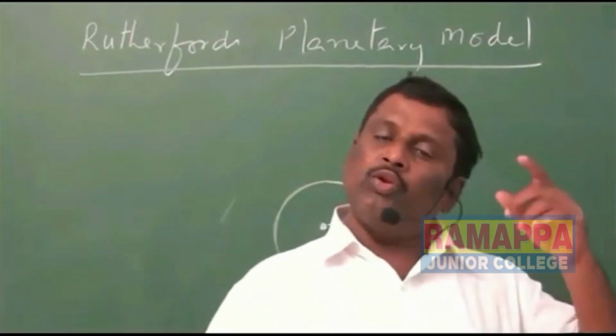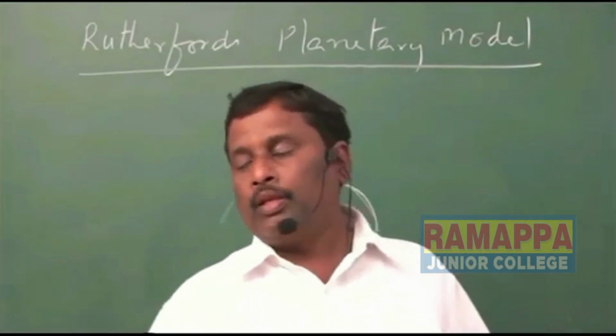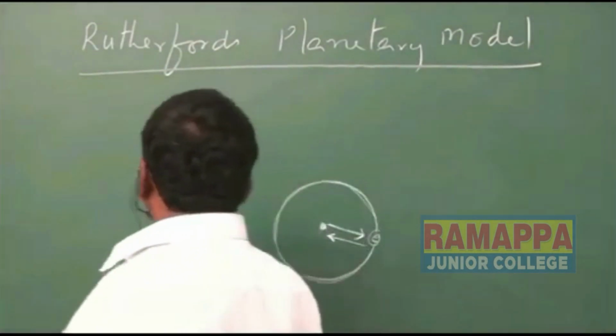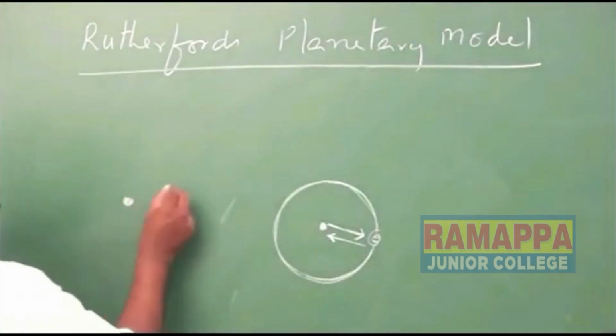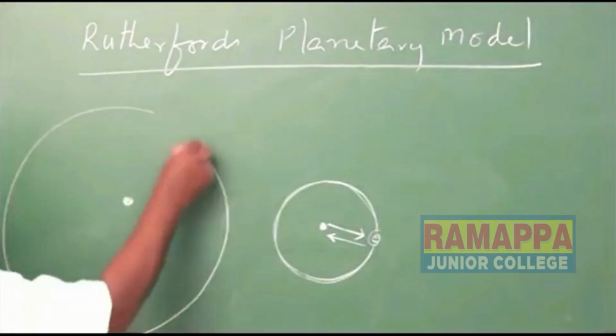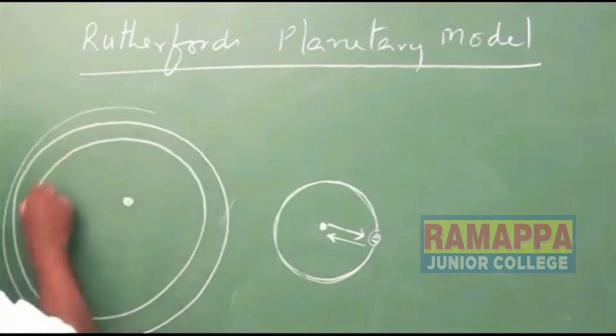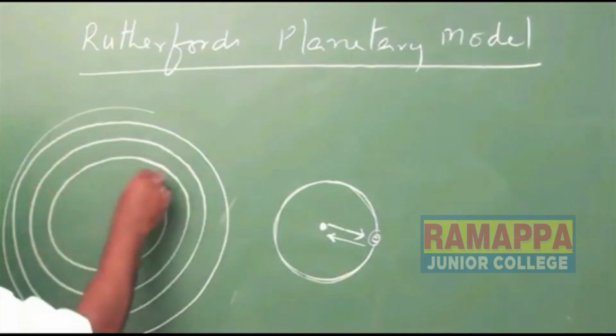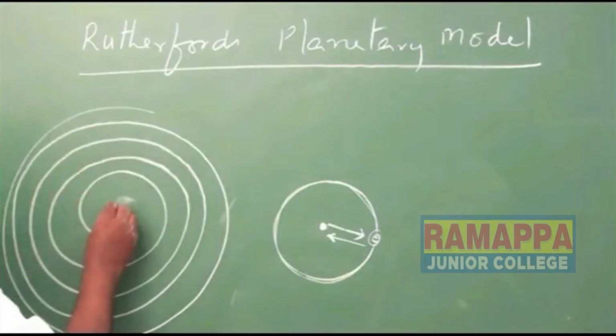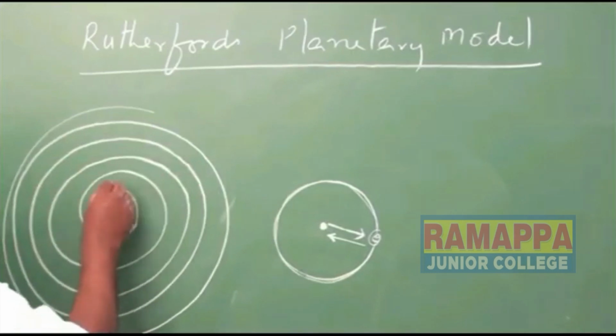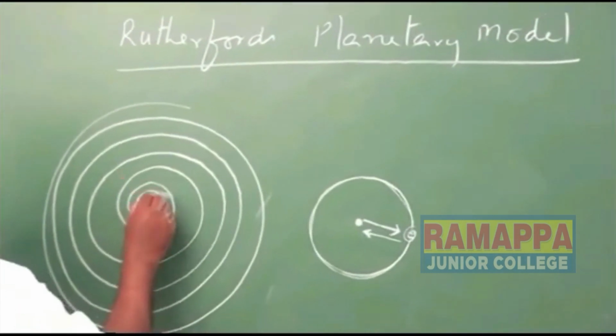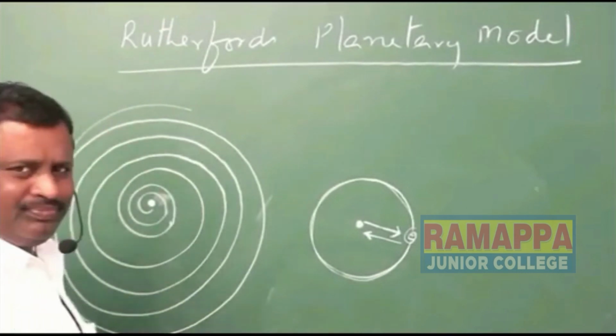If it continuously loses energy, the electron's path will not remain circular, and ultimately the electron will travel in a spiral path and should fall into the nucleus. But that did not happen.